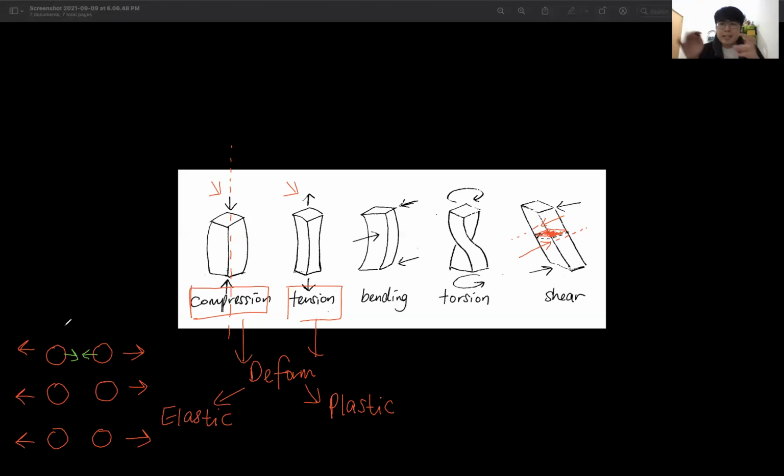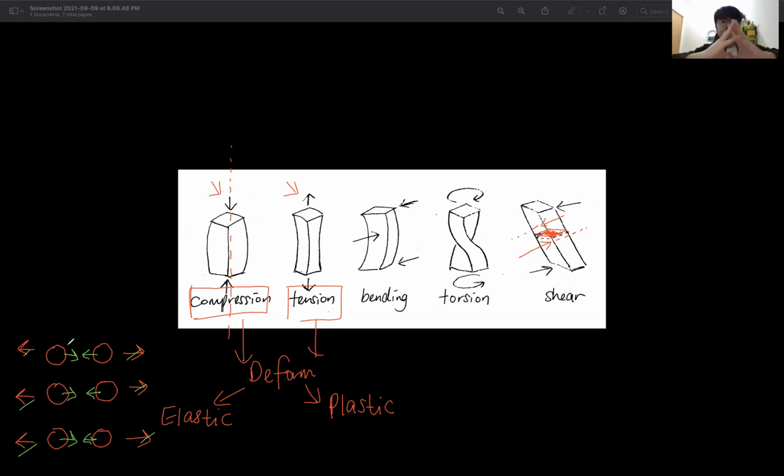This is like the intermolecular forces of the molecules. The moment I stretch it, it resists. So whenever the applied force is removed, it will return because of the intermolecular bonding. So that is elastic deformation.